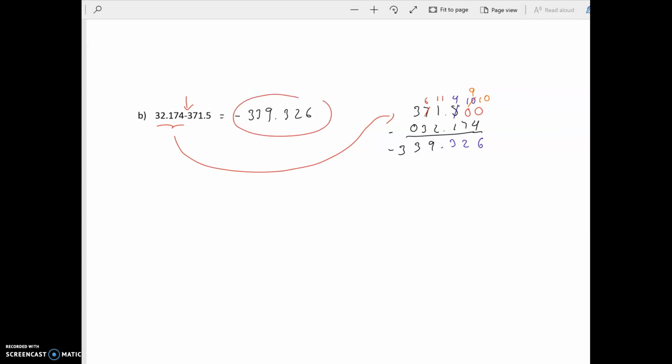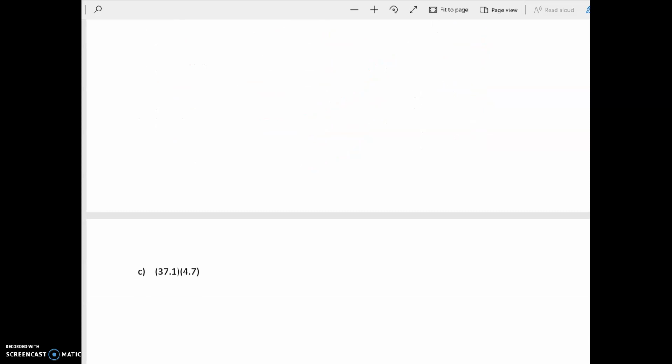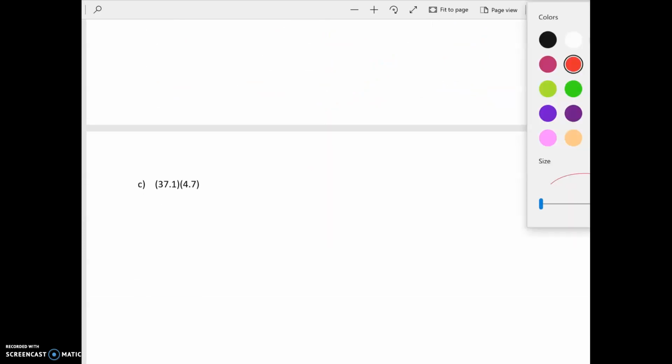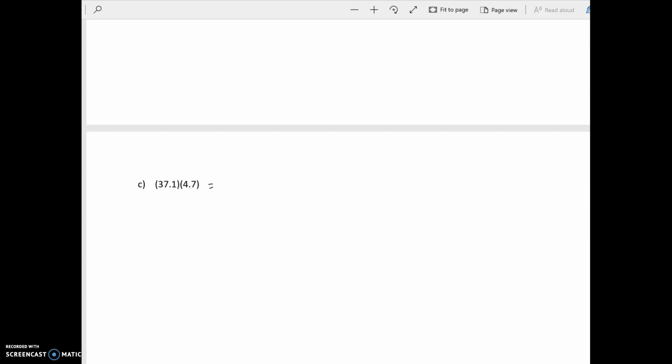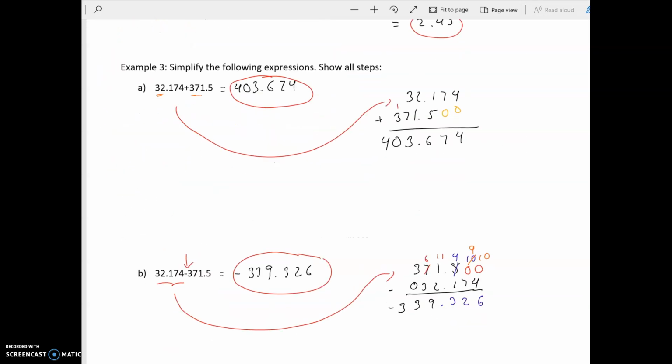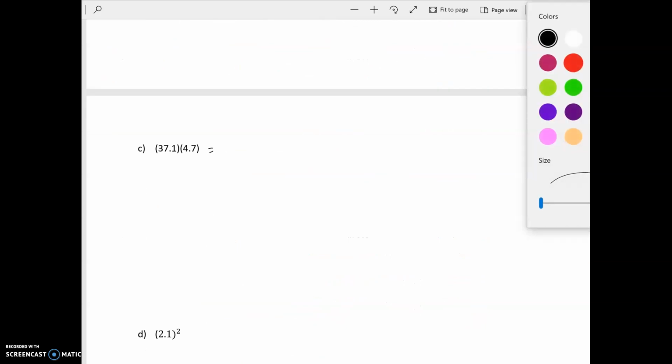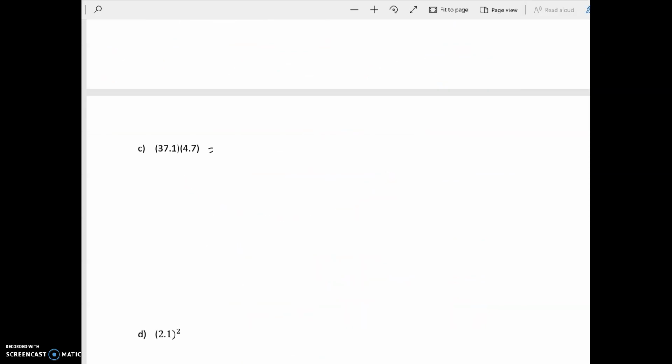Let's take a look at problem, in this case C. Now notice the problem C is going to be a multiplication. So let me just rewrite it. And then to carry the multiplication, we're going to do vertical form.